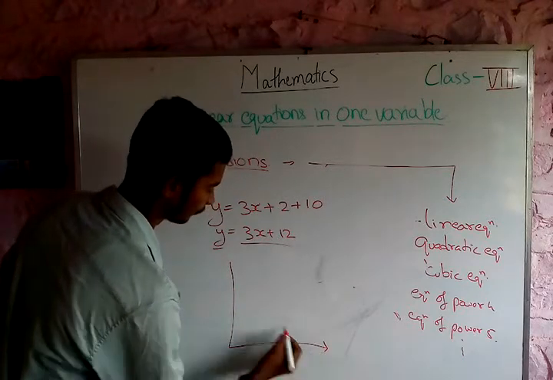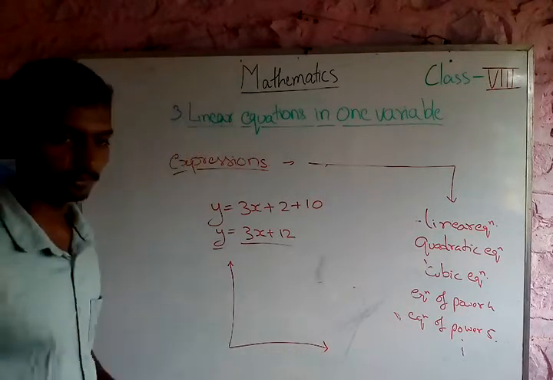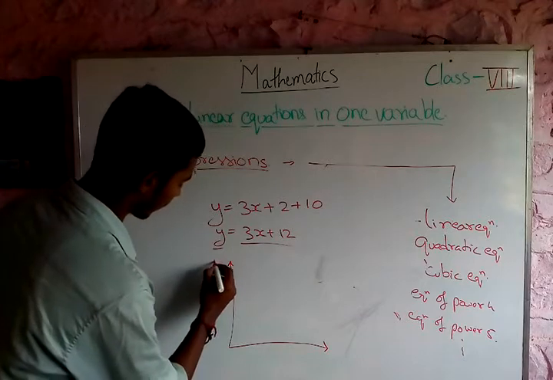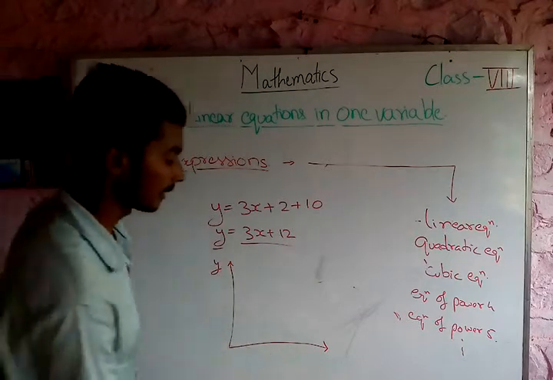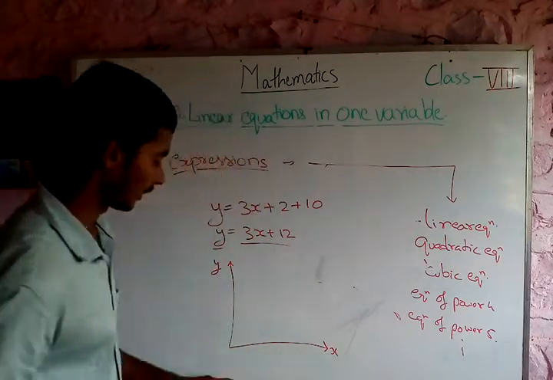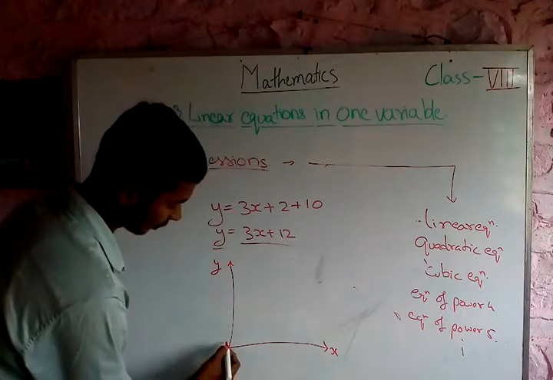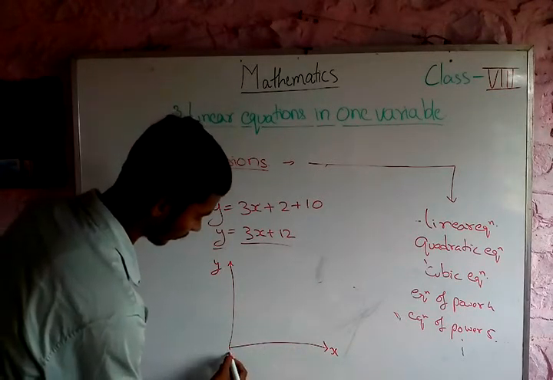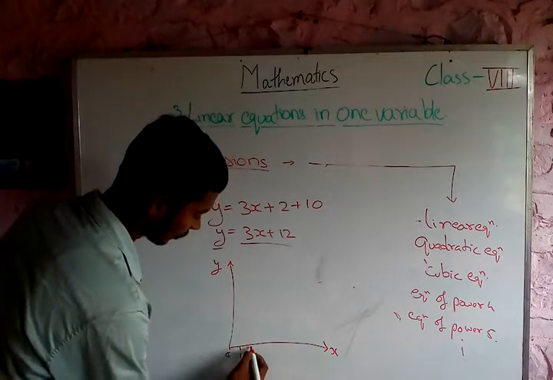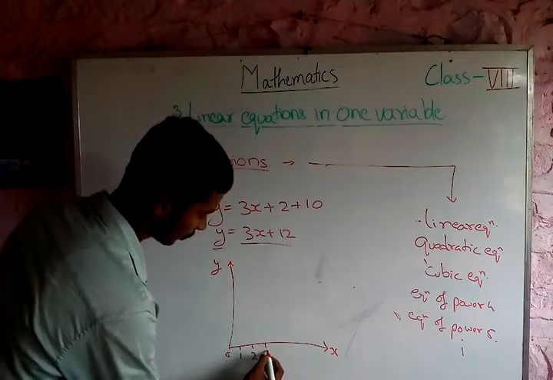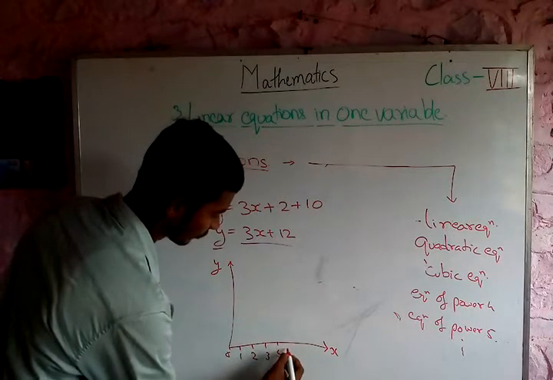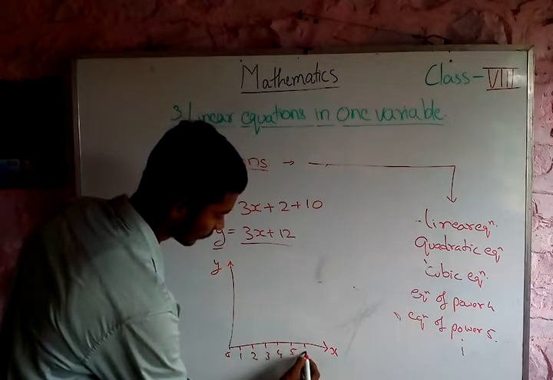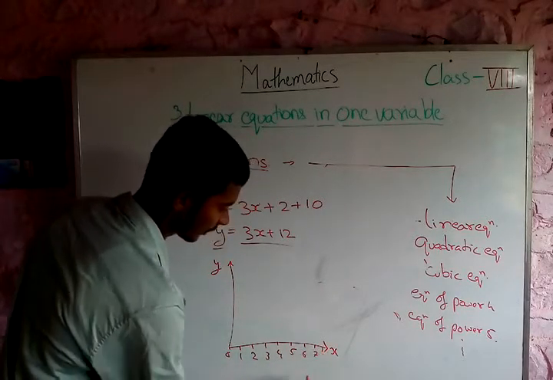take a graph, on one side I have y, on the other side I have x. On the side of x I have values varying as 0 1 2 3 4 5 6 7 and so on.